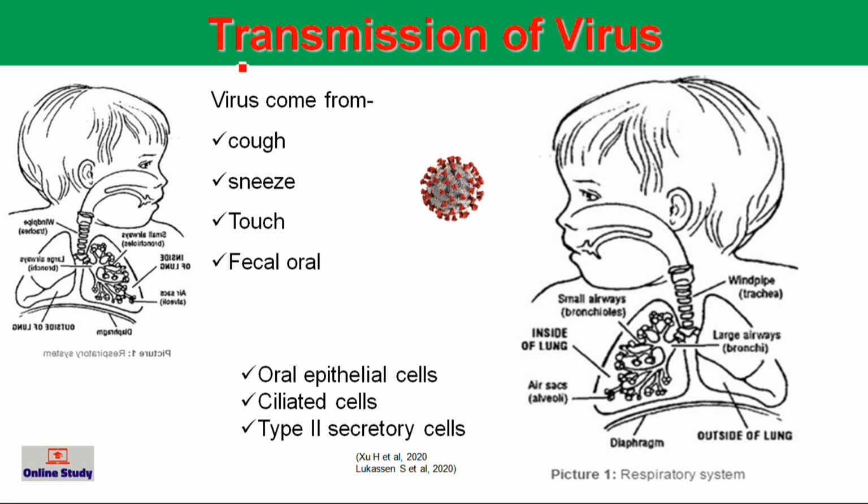First of all, let me show how this virus transmits from one person to another. They are transmitted through cough, sneeze, touch, and fecal-oral contamination. And then they travel from one person to another through the eyes, nose, and mouth.